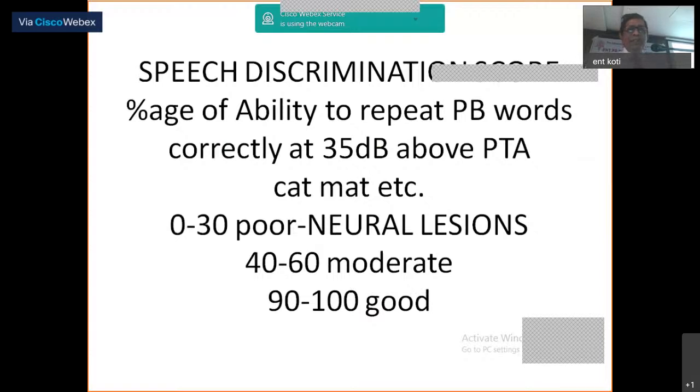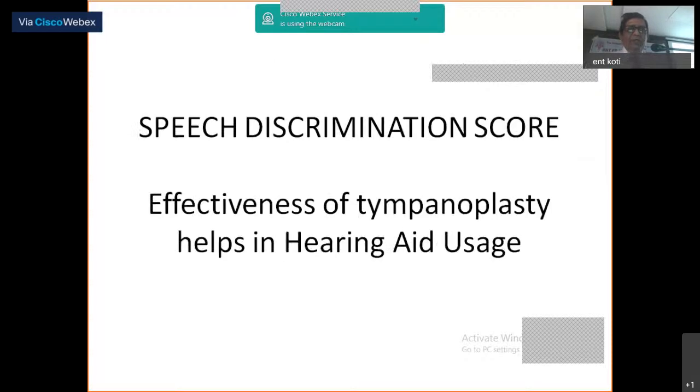And also there is another condition called tone decay. We'll come to that. So speech discrimination score also helps you. After you do a tympanoplasty, the patient will ask, can I hear everything clearly? If you have done a speech discrimination score before tympanoplasty, then you can find out the amount of cochlear reserve.